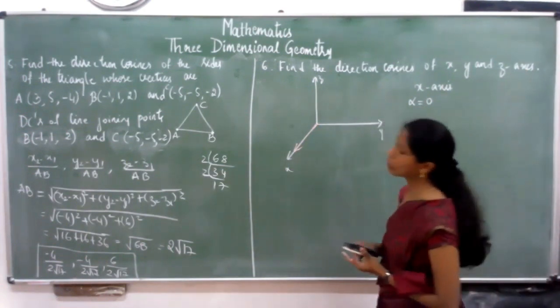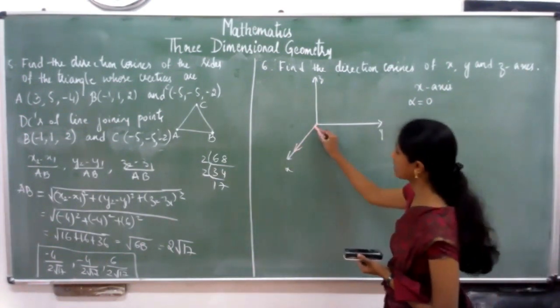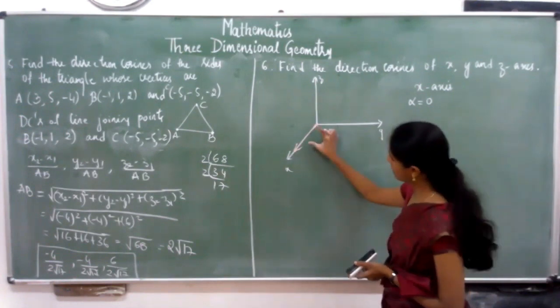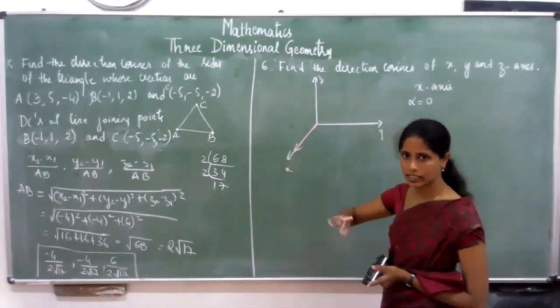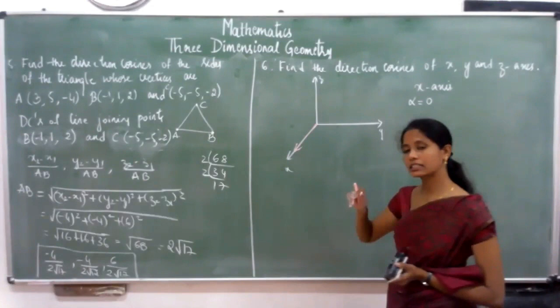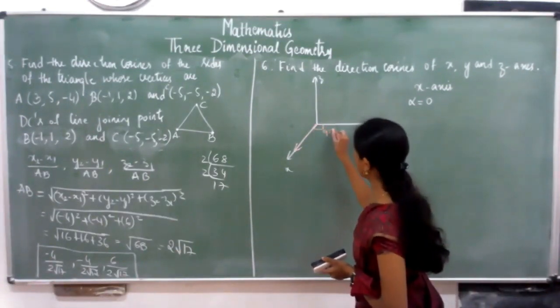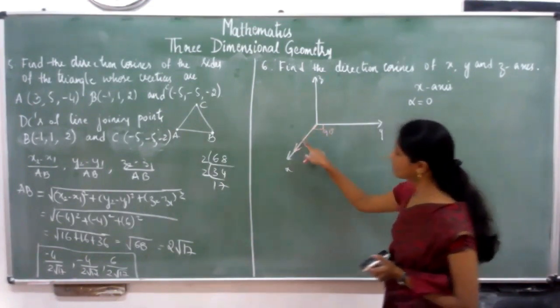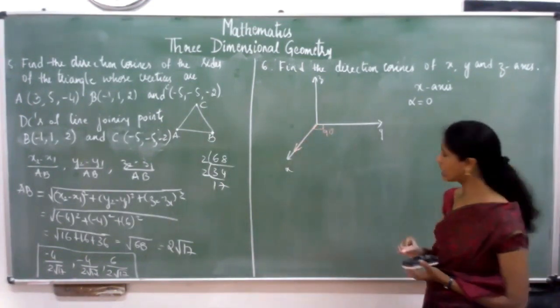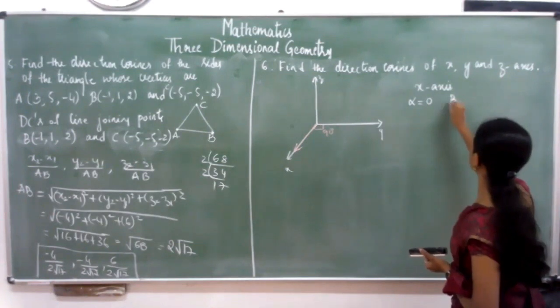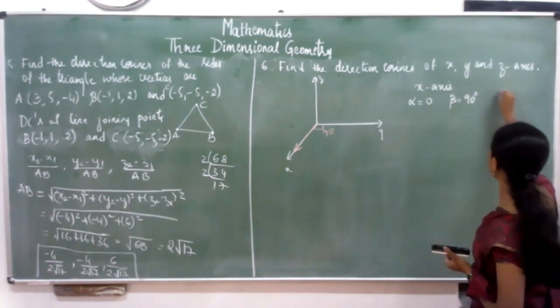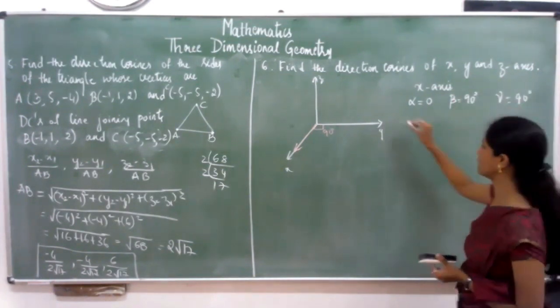Next, what is the angle made by this line with the y-axis? Now this line is overlapping on x-axis and we know that x and y-axis are mutually perpendicular to each other. So this is 90 degree. Similarly, the angle made by this line with the z-axis is also 90 degree. Therefore, alpha is 0, beta is equal to 90 degree and gamma is also equal to 90 degree.